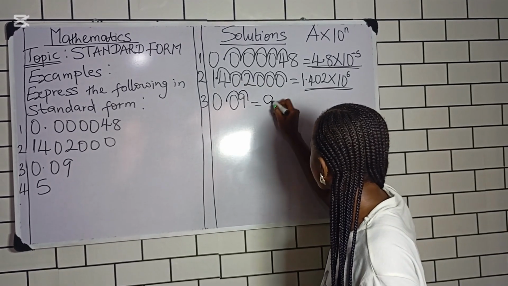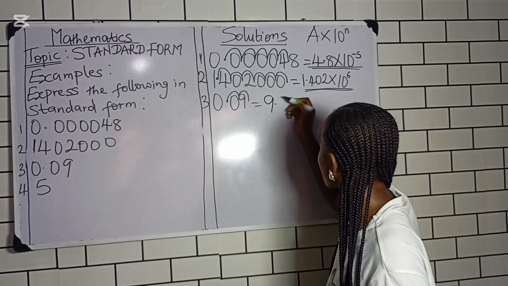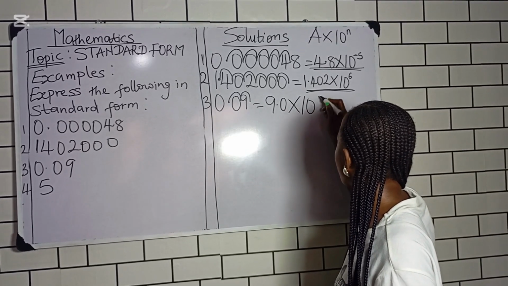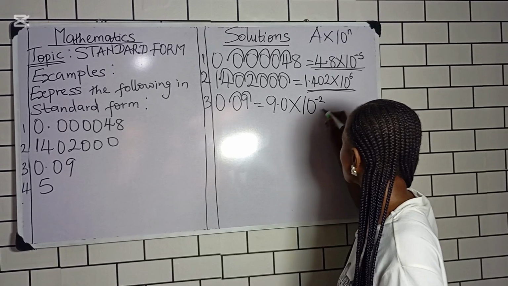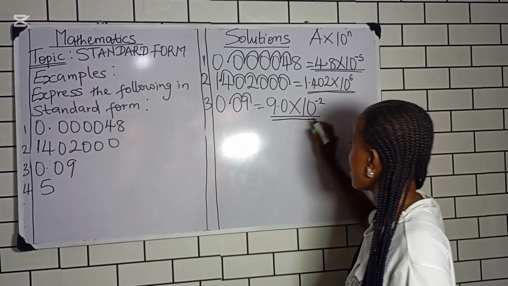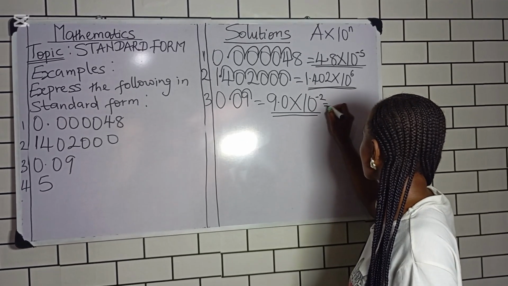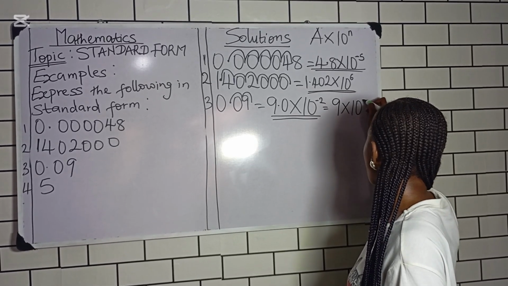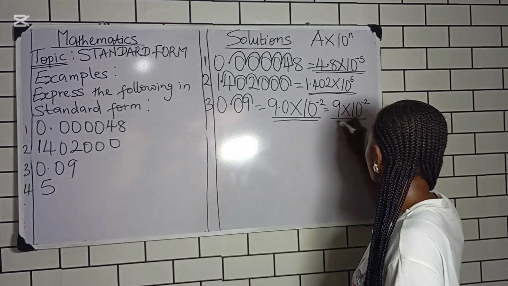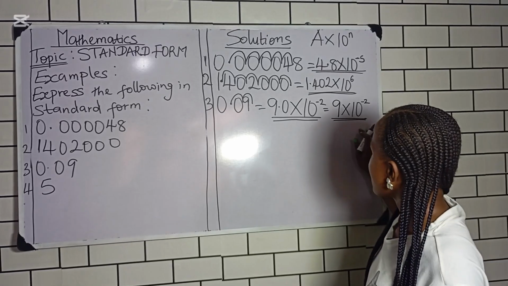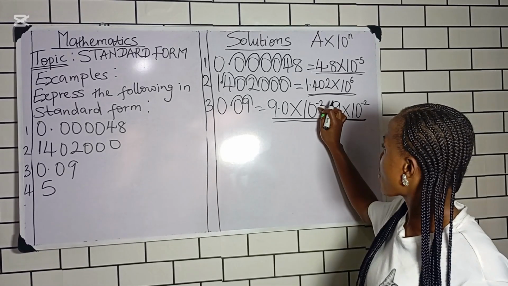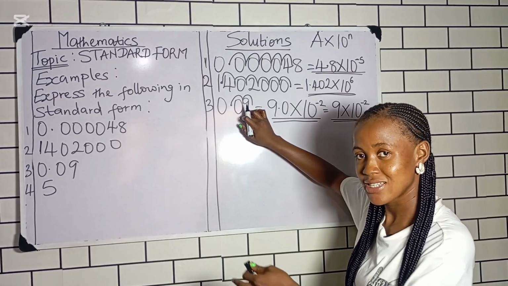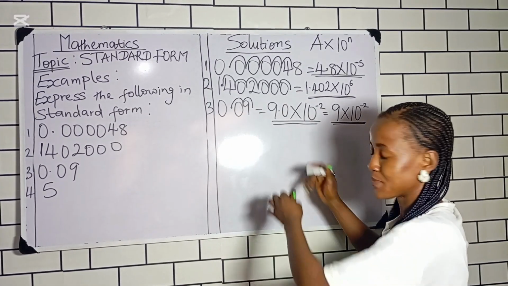Now we have 9 point 0, you can add 0 if you want, times 10 raised to power minus 2. This is our final answer. And you can still write it in this format: 9 times 10 raised to power minus 2. This is our final answer. And remember, our power 2 is a negative 2 because we counted from the left to the right.